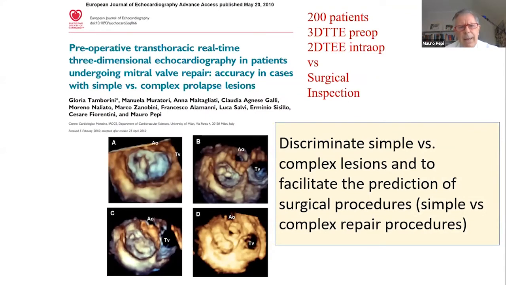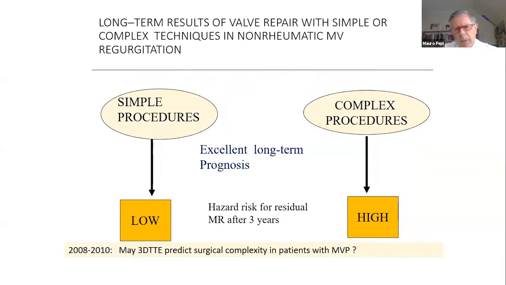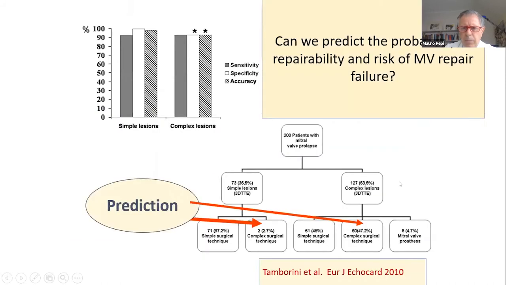So with this data, we tried to discriminate simple and complex lesions and to facilitate the prediction of a surgical procedure, simple versus complex repair procedure. And the reason for this data is that in simple and complex procedures, despite excellent long-term prognosis, we have a low risk of residual MR after 3 years in simple procedures, while a higher one in complex procedures.